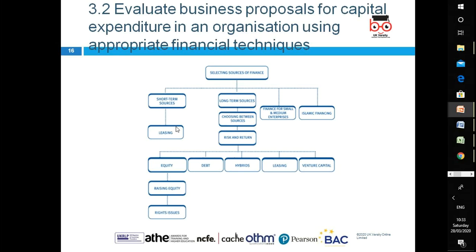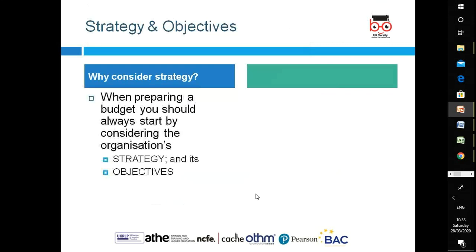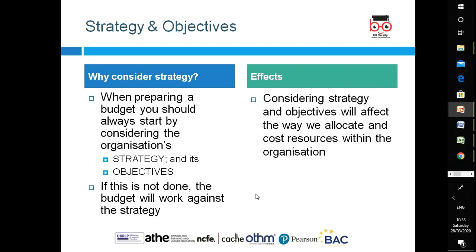And then we have different equity and debt financing. Equity means share. Debt means you borrow money from the bank. Normally, debt financing is cheaper than equity financing. And there are other different sources of finance as well. So we can look at the advantages and disadvantages of each source.